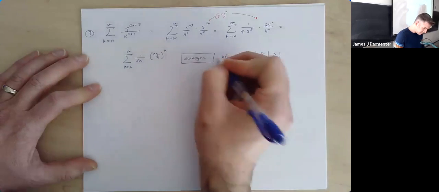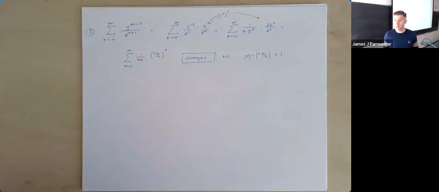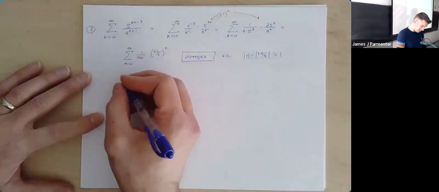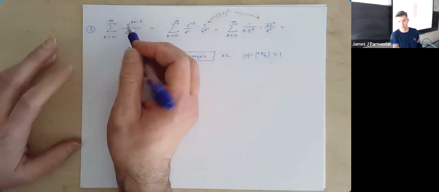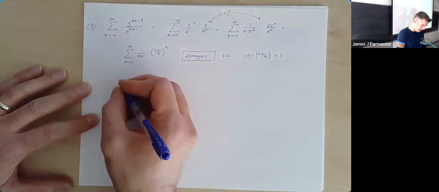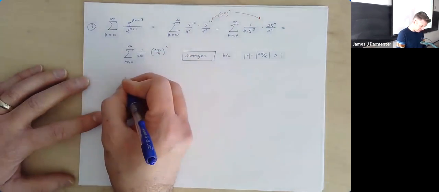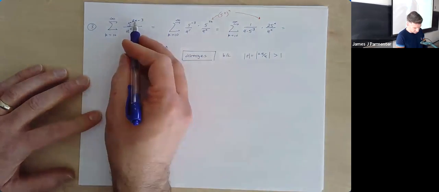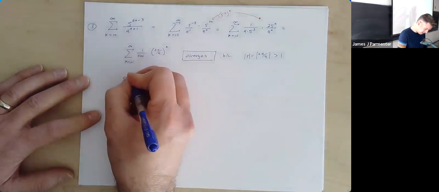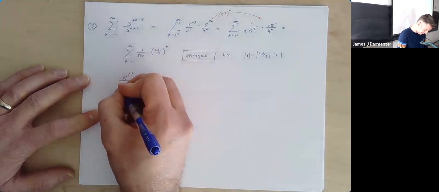Diverges. We could have approached this the other way if you wanted to, right? You could have started writing out a couple terms. Again, if you see basically all things raised to nth powers or 2n powers or 3n powers, then you can start by saying, I'm just going to write some terms. My first term is kind of weird though. It's 5 to the 2 times 10 is 20 minus 3 is 17 over 4 to the 10 plus 1 is 11.